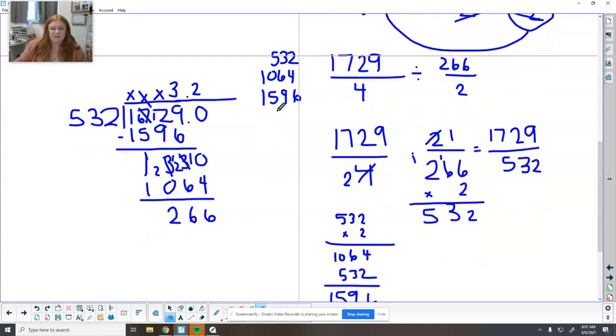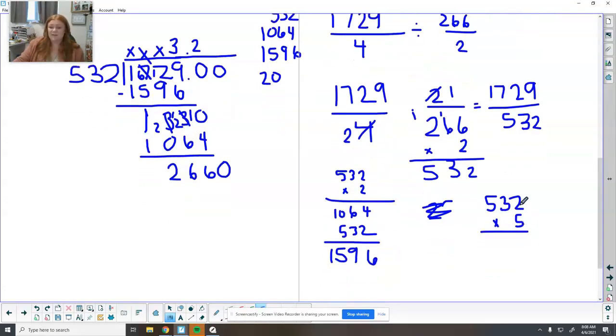So I'm thinking, oh, and then we're going to bring down another 0. So I know if I do 4 times 5, it's about 20 something, and that's, I think, a little bit too small. So let's try 5 times 532 and see if it goes in there. 5 times 2 is 10, 15, 16.